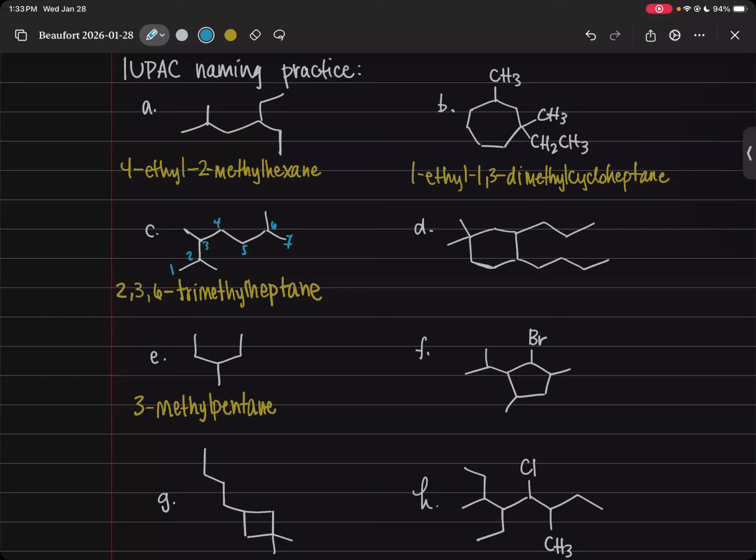So you want to start with the one that will give the substituents the earliest numbers, right? Correct. So in this case, regardless of whether you start on the left or the right, you're going to have a methyl group on carbon 2. The question is about this other methyl group. You want that one to be as low as possible, and so that would put it on carbon 3.